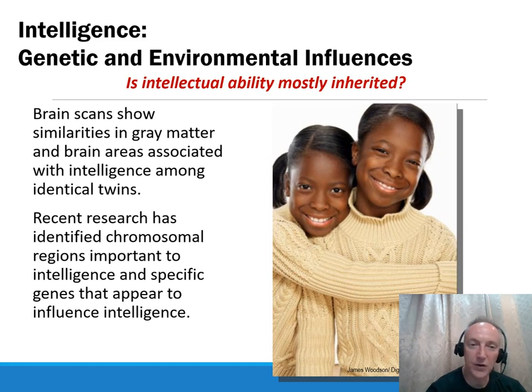If we look at brain scans of identical twins, we will see similarities in actual brain development and things like that. So it definitely, genes are a contributor to intelligence.